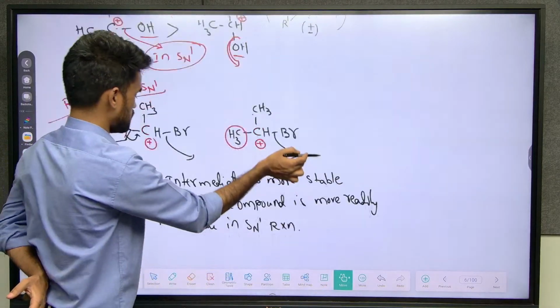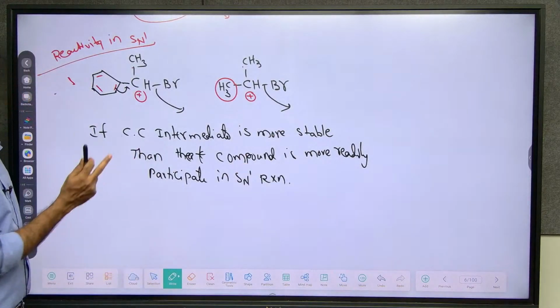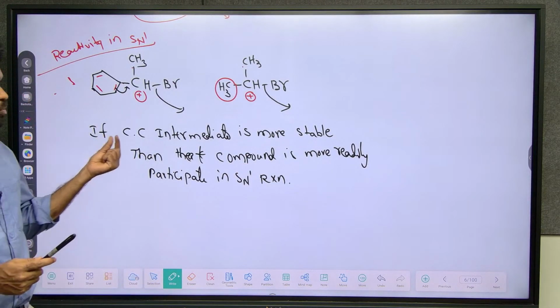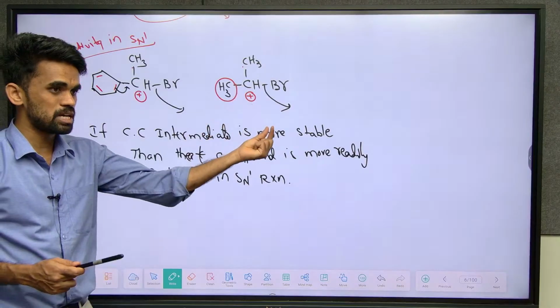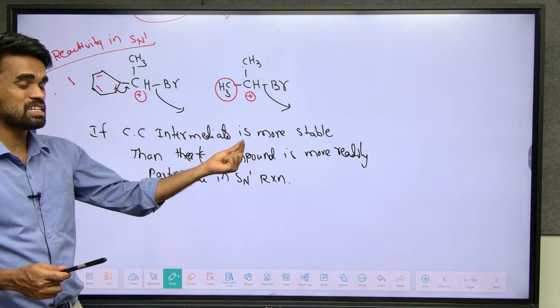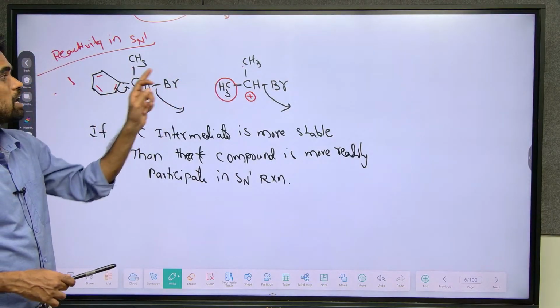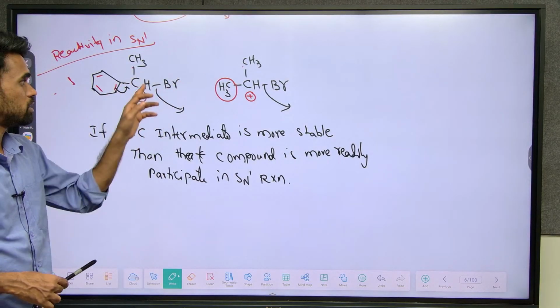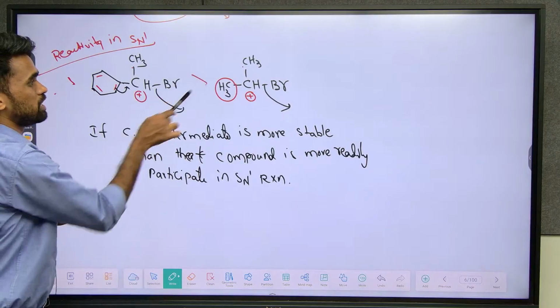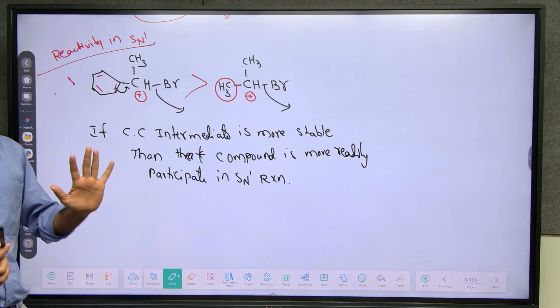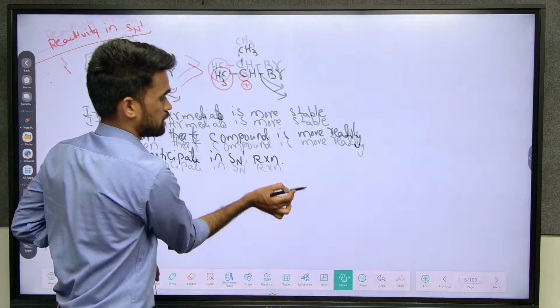Once again, read this. What is the statement? If the carbocation intermediate is more stable, then that compound is more readily participating. Of these two, which carbocation is more stable after A compound? So the reactivity of A will be more. Clear everyone? Okay. Let us go a little further.